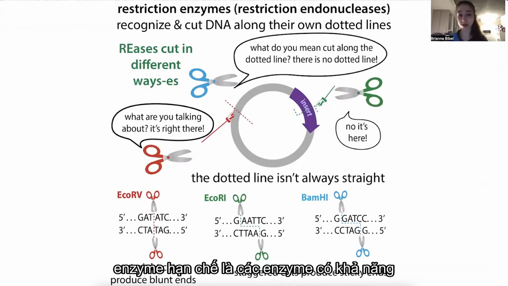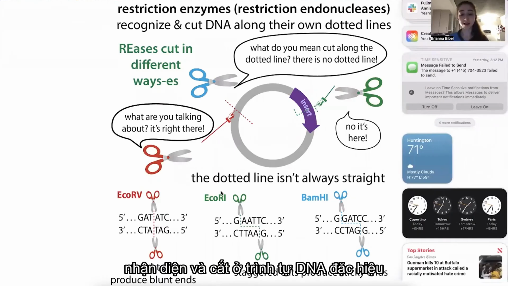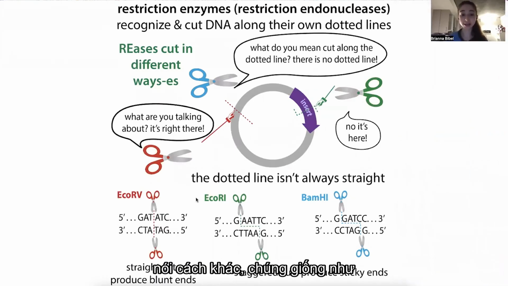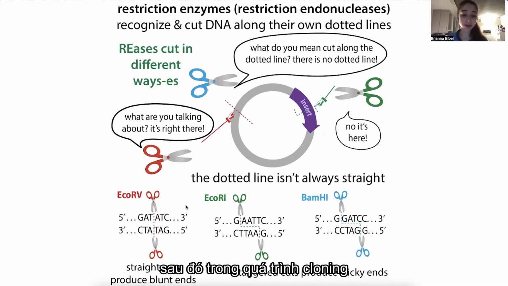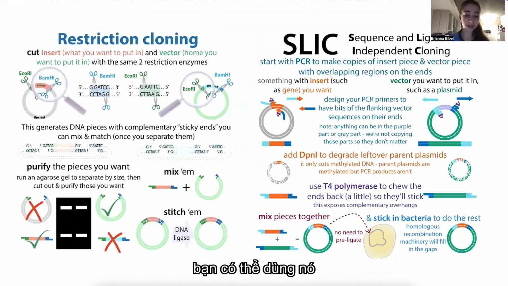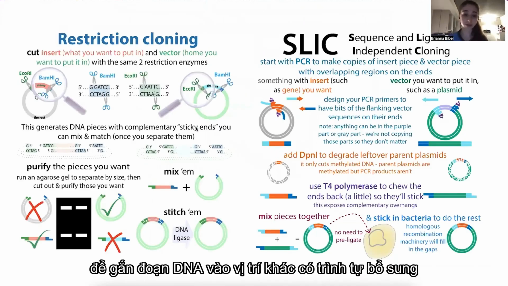Restriction enzymes are these enzymes, these protein reaction speeder-upper things. Basically, they're like DNA scissors, and they will cut the DNA when they recognize a specific sequence. Then in your cloning methods, you can use that to paste it into a different place that has a complementary sequence.